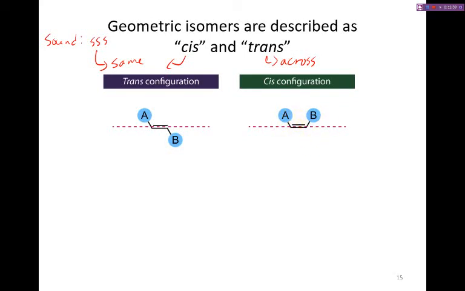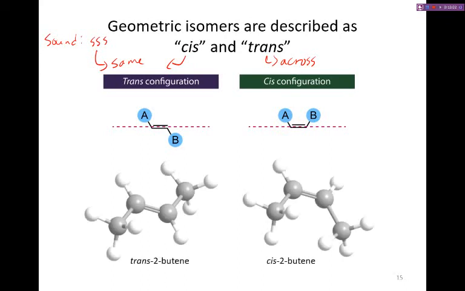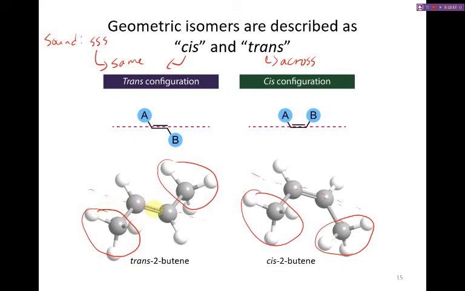And so what this looks like in 3 dimensions is if we were to look down at the double bonds, it's where these other groups are in relation to each other with respect to the double bond that tells us whether or not we have a trans configuration or a cis configuration.